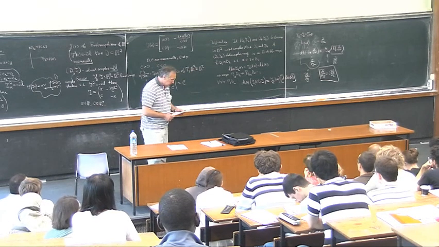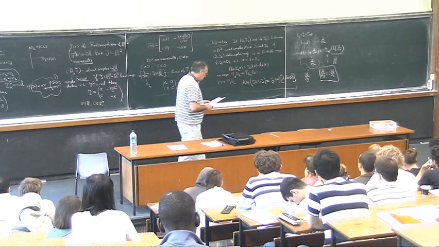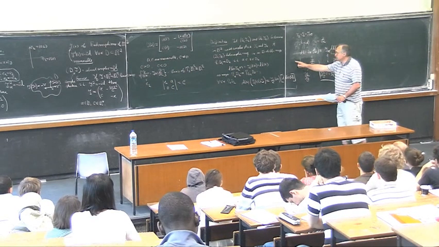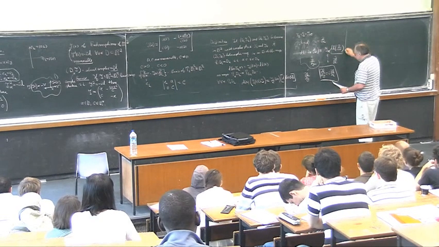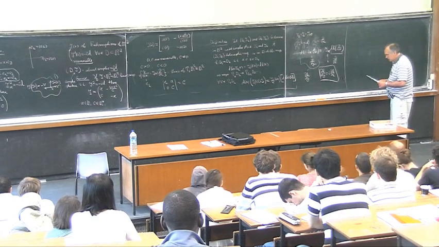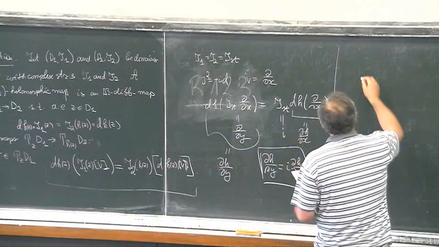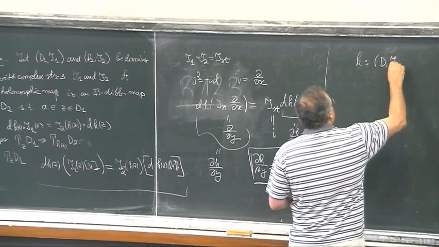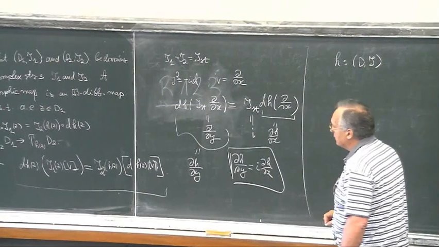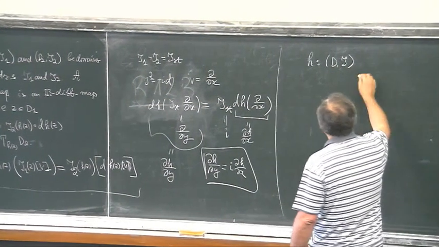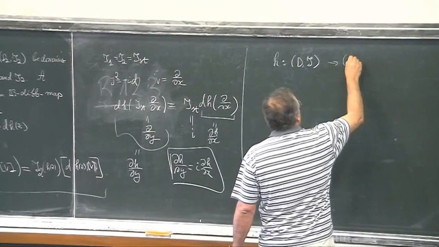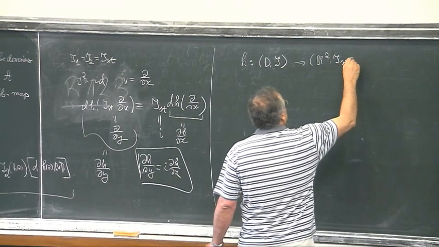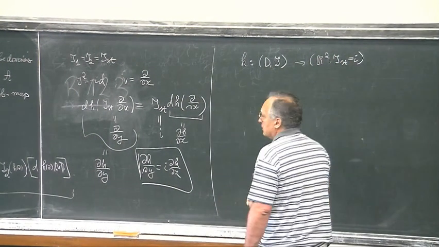Okay. Now let us write this equation in general case. So consider a mapping from a complex domain D, J to R2 with a standard complex structure.